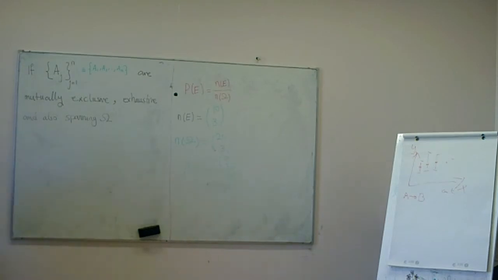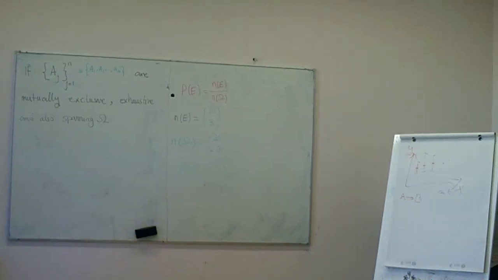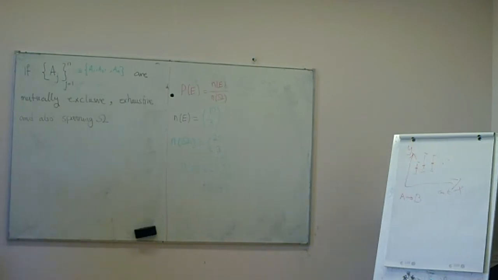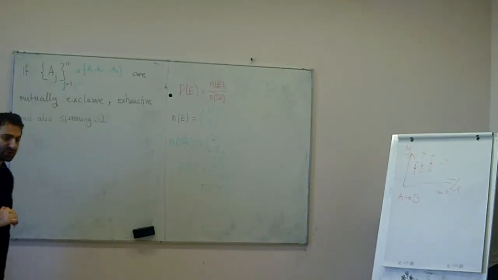So we have three terms. We have to describe them before I write down what we want to define about this marginal probability.